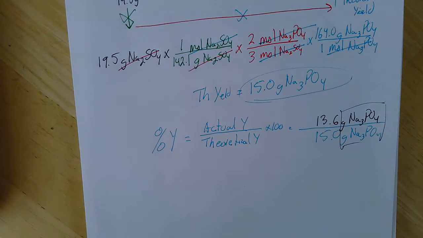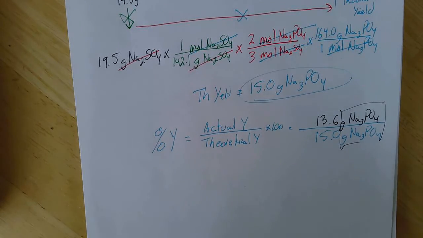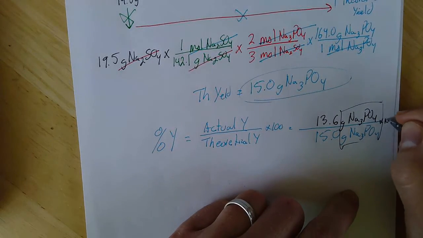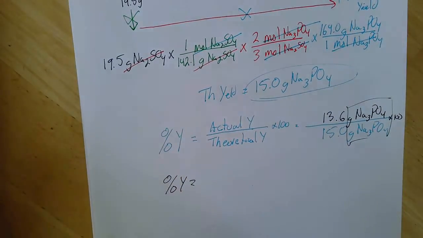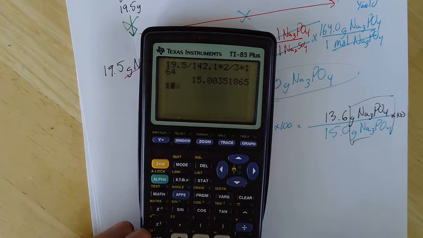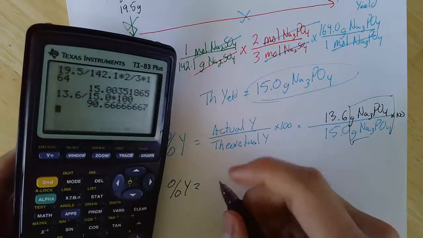We're getting a percent yield, we're getting a percent, and we're trying to distinguish how well did we do versus what we could have, should have, hopefully did do, times 100. So in the end, our percent yield is equal to simply 13.6 divided by 15.0 times 100 to get that percent.